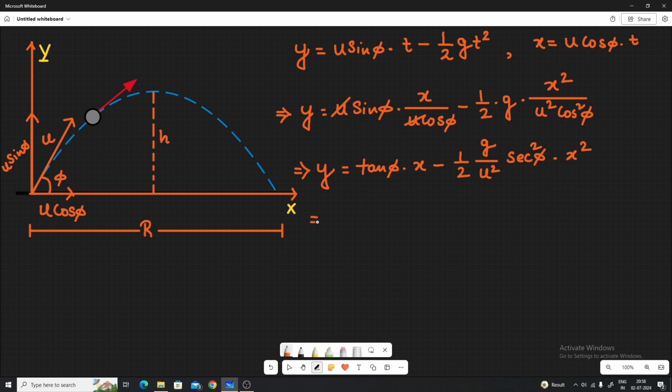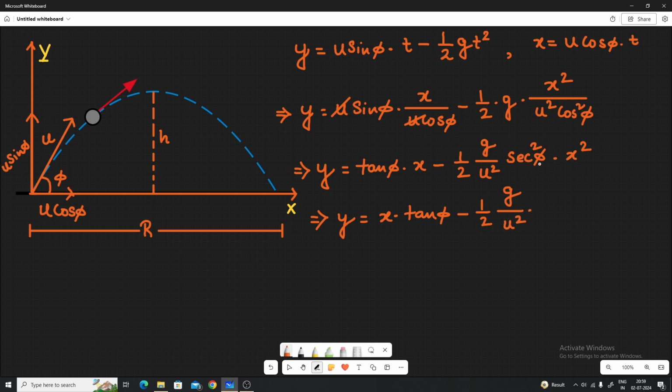Okay, so let's do the next step. y equal to x tan phi minus half g by u square.